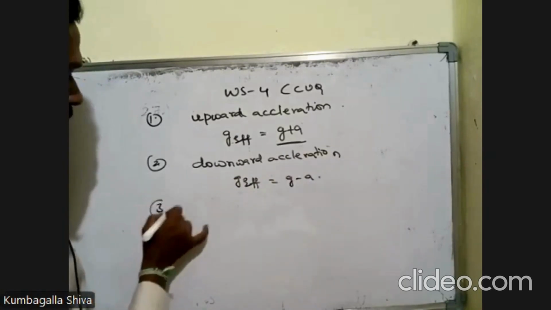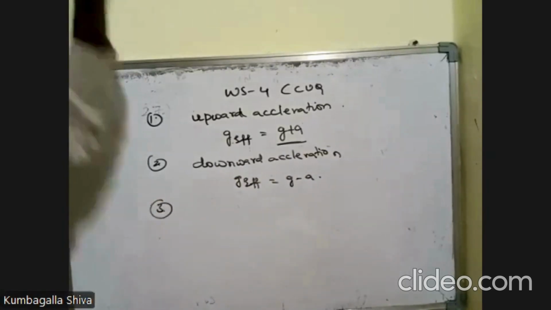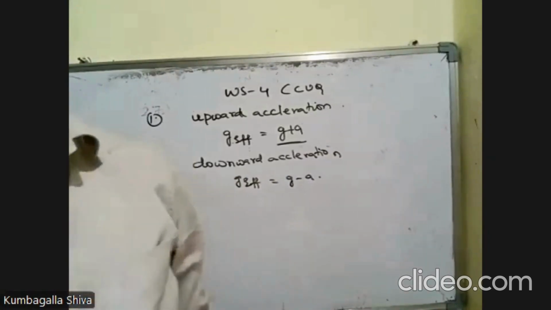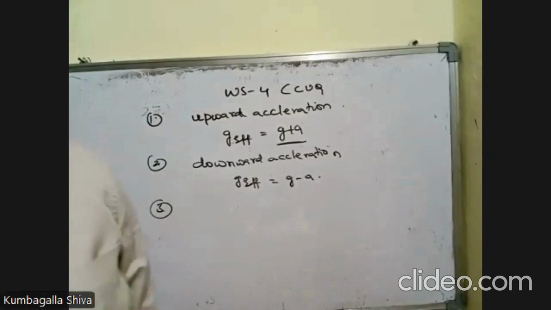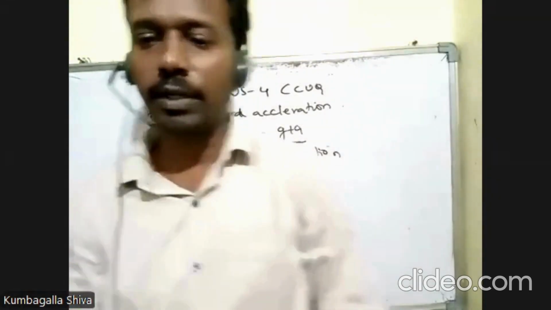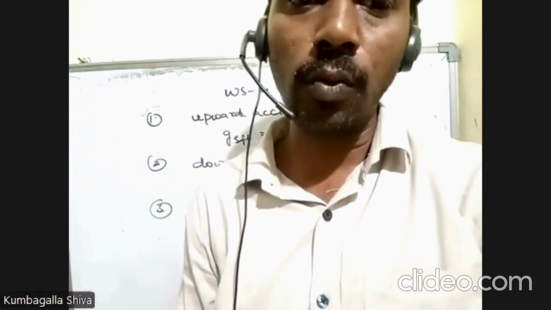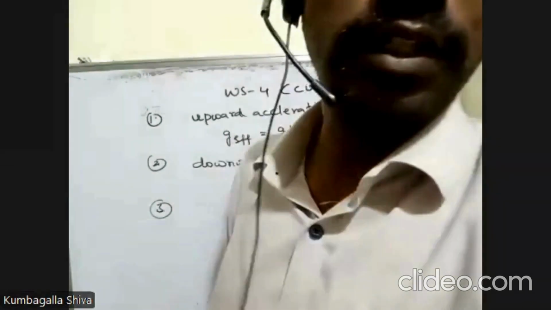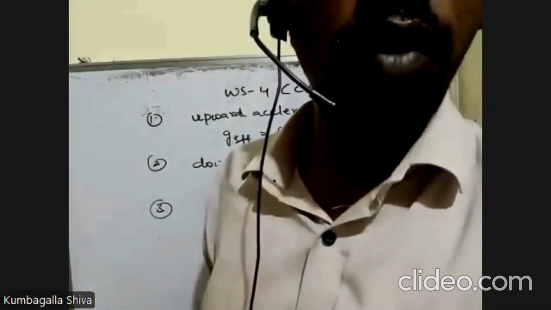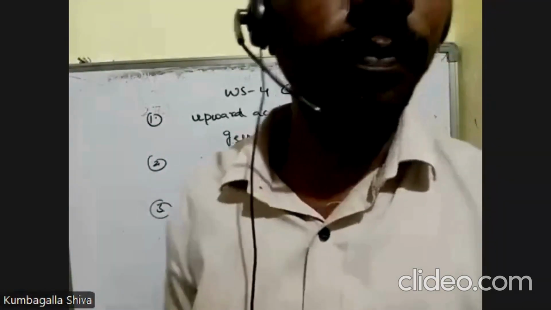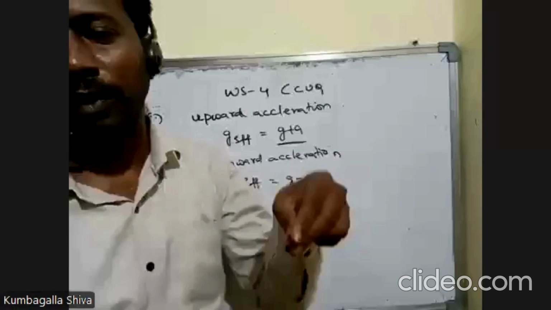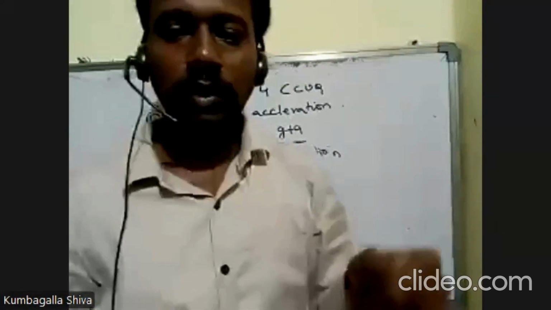Next, the third one. What did he give in the question? A body is dipped inside a liquid of density rho, placed in an elevator moving down. Upward thrust on the wooden block would be. What is asked here?